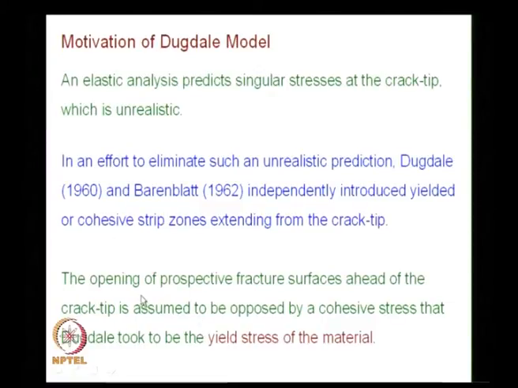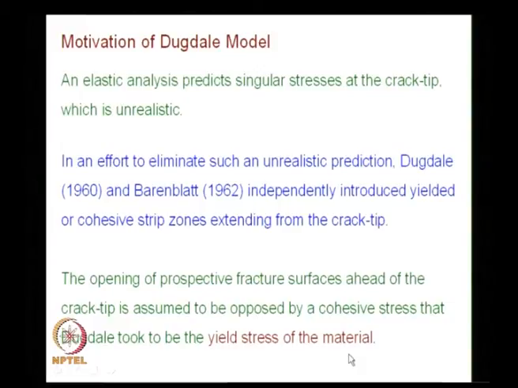The opening of prospective fracture surfaces ahead of the crack tip is assumed to be opposed by a cohesive stress, and what did Dugdale do? He took that stress to be yield stress of the material.